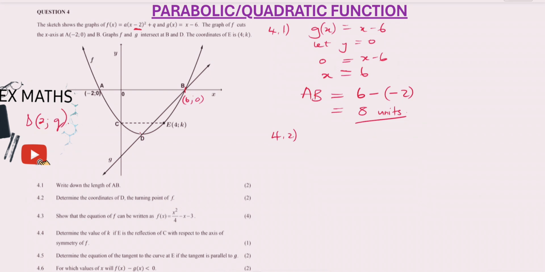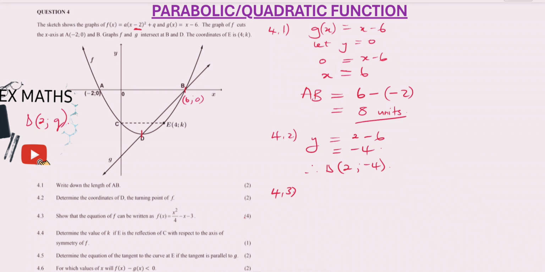We are going to use the same equation of g, because this point D is where g also passes through. So we can substitute with x is equal to 2 to find the y. So y is equal to 2 minus 6, which is going to give us minus 4. So that means the coordinates of D will be 2 and minus 4.